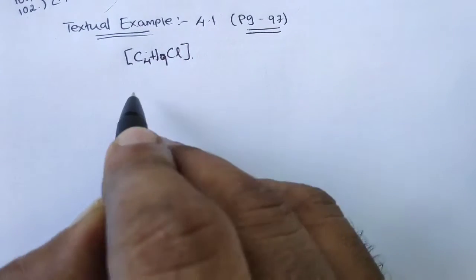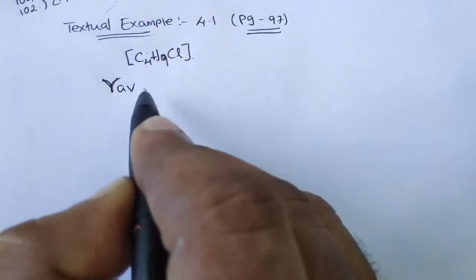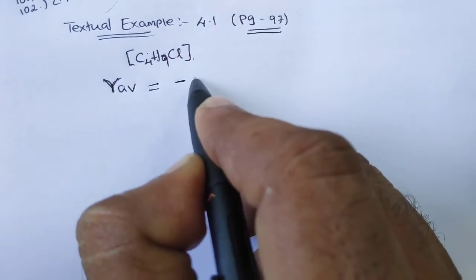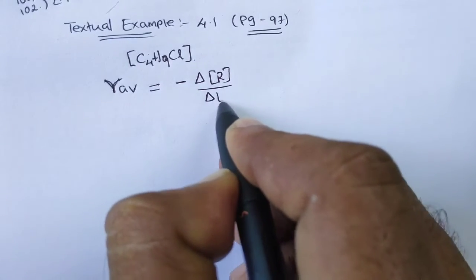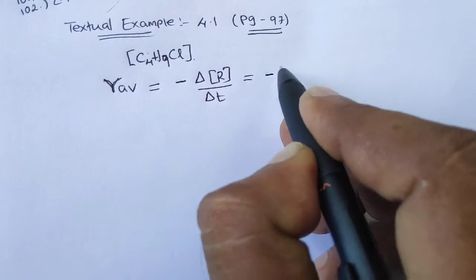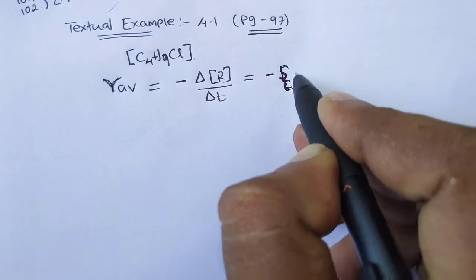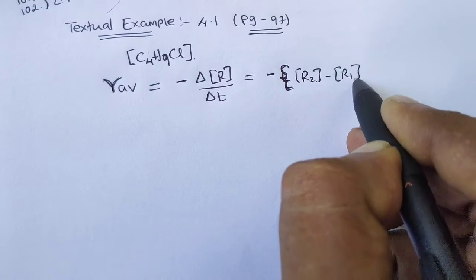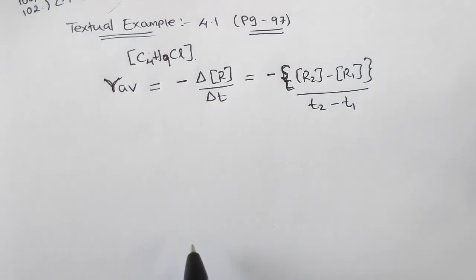Now if we want to find the average rate, we know the formula RAV, the average rate, is equal to minus the change in concentration of the reactant upon change in time. Understood? Or this can also be written as minus R2 minus R1, divided by T2 minus T1. This is the average rate.